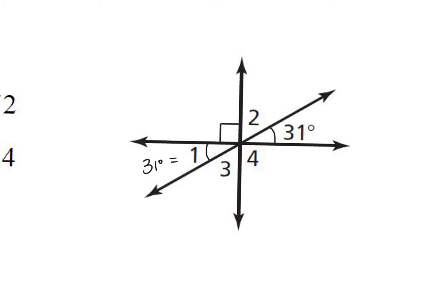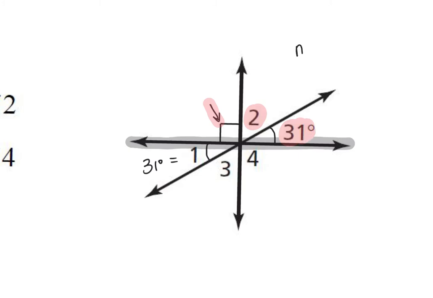Angle 2 we have less information about, but we can still figure it out. We have to use the fact that this is 90 degrees, and this angle lies on this line. So when you combine this angle, which is 90, with angle 2 and 31, you should get 180 degrees.